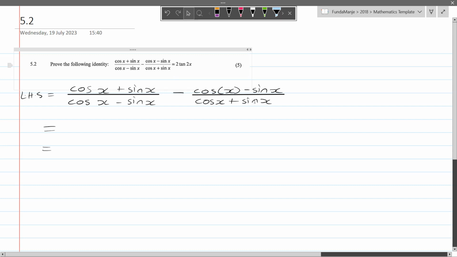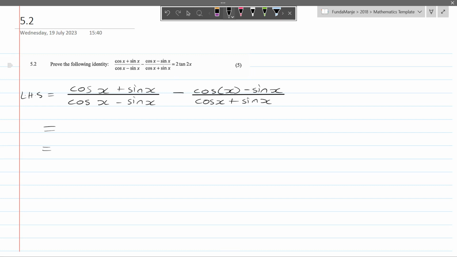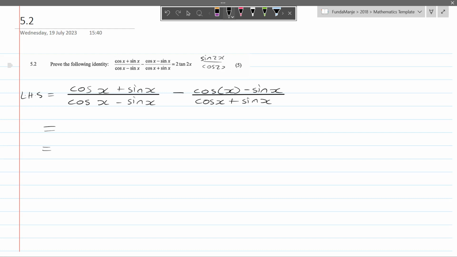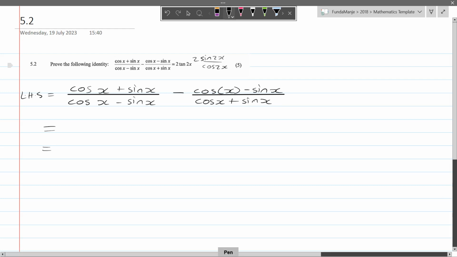Now of course there's a variety of ways that we could approach this problem, but at the end we know we are kind of looking for sine 2x over cos 2x multiplied by 2. The 2 can be there, it can be there, it doesn't really matter, but we know we're trying to go for this.